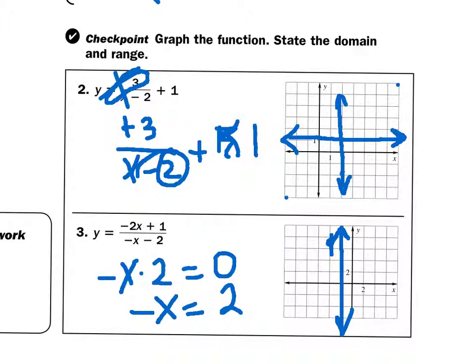And I can get that from the a over c. So negative 2 divided by negative 1 is positive 2. So here would be my asymptote here. And then we have a negative sign. So that is going to flip it. It's going to be in this quadrant and this quadrant. So go ahead and pick points and graph that. That's it.